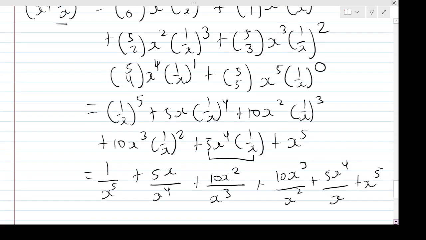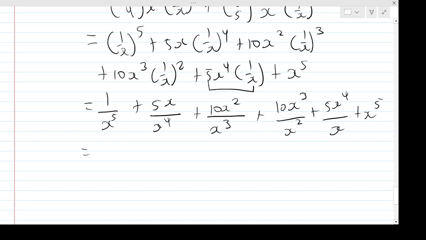So then we can simplify it just one more time by just dividing the powers of x. So we got 1 over x to the 5. Okay. Then we have 5x over x to the 4. So if you remember index laws, if this is like x to the power 1, well then you subtract the powers, right? So 1 take away 4 is minus 3.